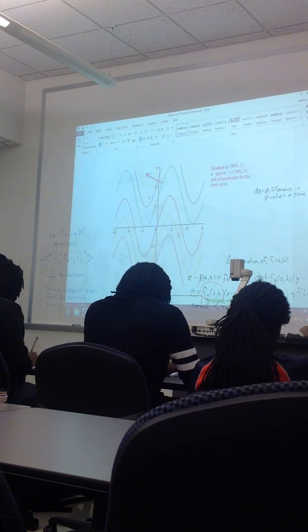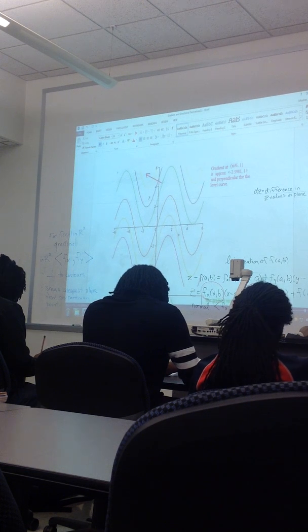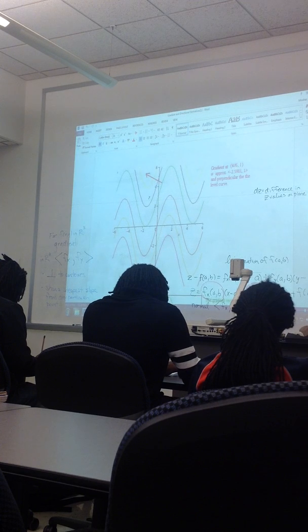Okay, so again, for a three-dimensional function, your vector will be two-dimensional. It's always perpendicular to the contours. So that's what I'm trying to show there, that I tried to draw it perpendicular to the contours.